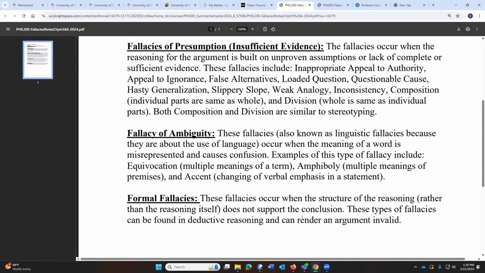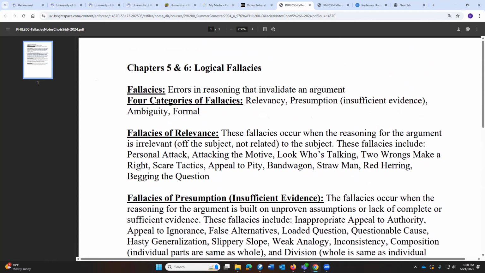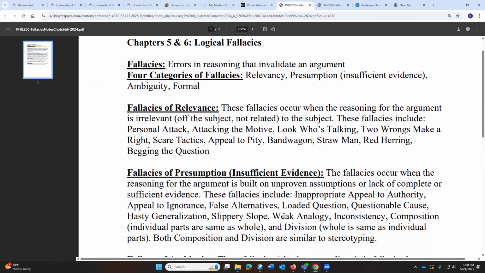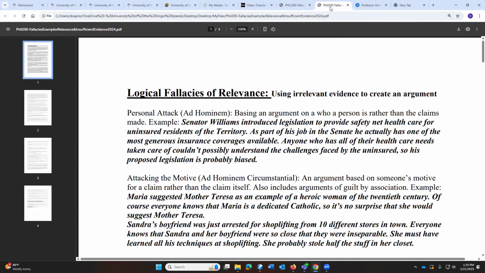The actual equation is not set up to give us a good answer. Okay, well, let's get started and look at each of the fallacies of relevance and presumption so we can get a clear understanding of what they are and how to understand them.